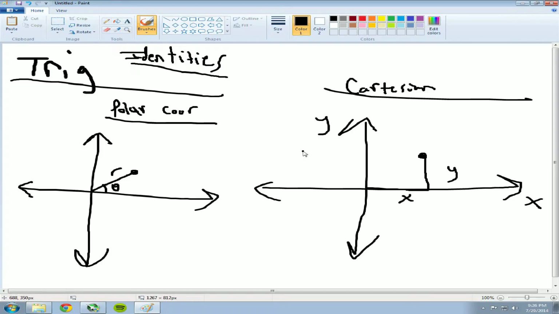Well, if you're on a boat navigating somewhere, it's a lot harder to say, okay, I want you to get to the point 32, 33, and you look at a map to see where 32, 33 is.